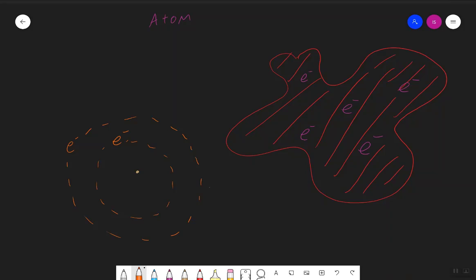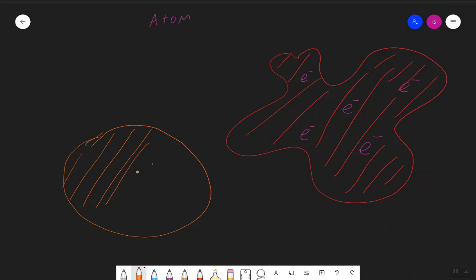So if you have the nucleus here, this is a Bohr model, but the quantum model, which is what's actually going on, is we'll have a probability cloud, and there's a certain probability, right? If we measure that, we'll find the electron somewhere in this cloud, and it could be more likely to be found out here or more likely to be found in here, and we'll talk all about that and how we can figure those things out.